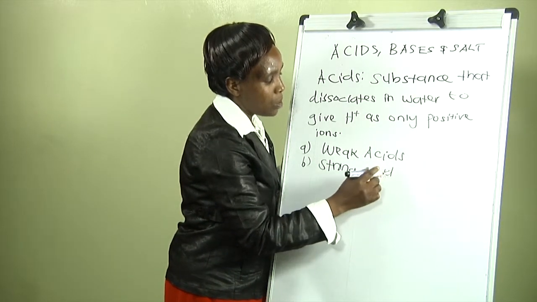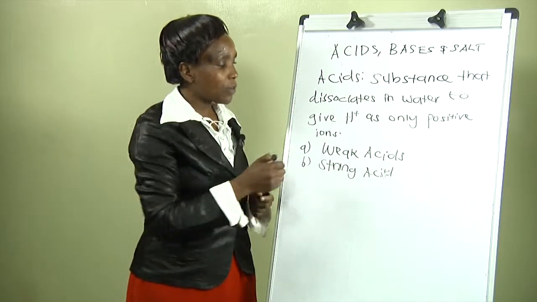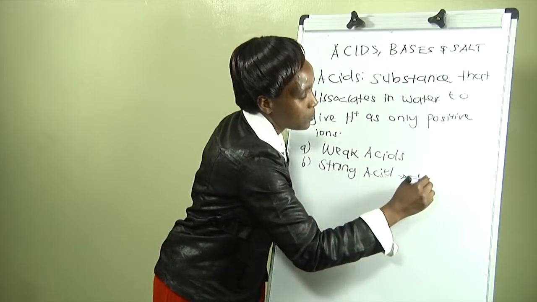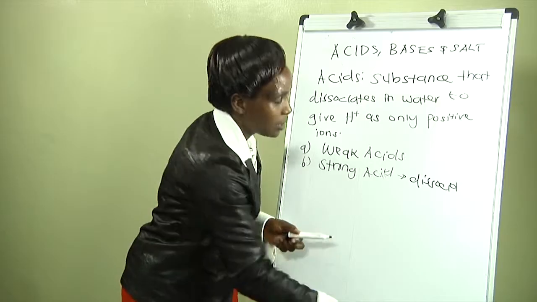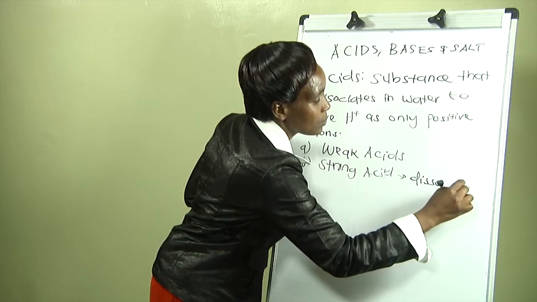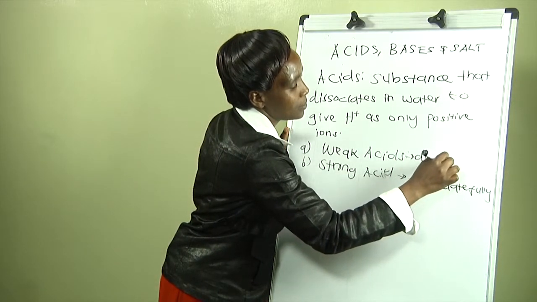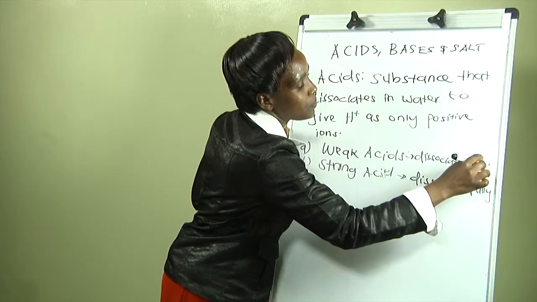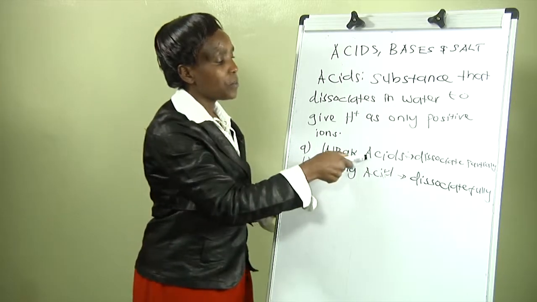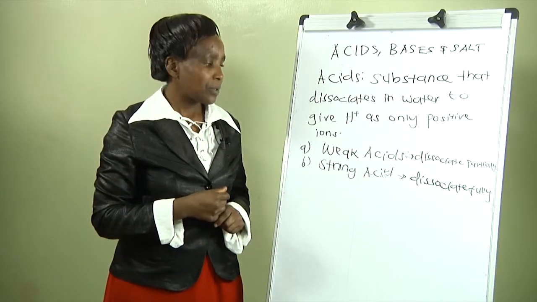We saw the difference: strong acids dissociate fully, while weak acids dissociate partially. If they dissociate fully, they give more hydrogen ions, and weak acids, which dissociate partially, give few hydrogen ions.